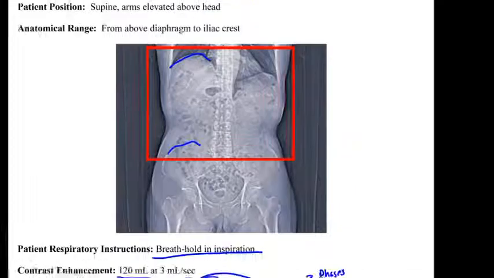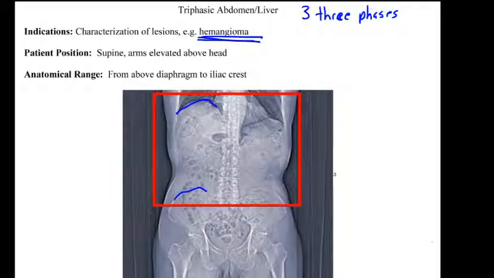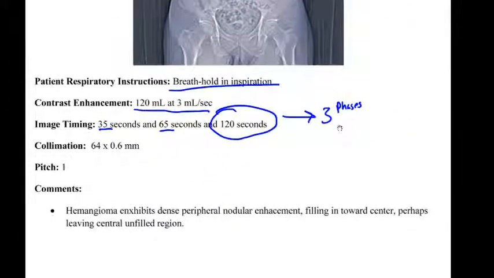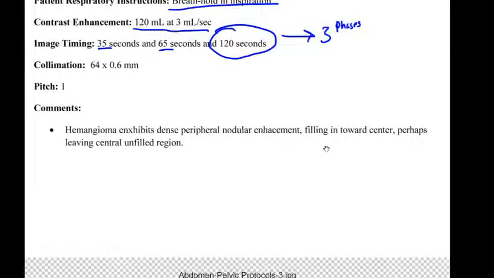And then you're going to have three scans here. Collimation is virtually the same. 64 slices at 0.6 millimeters in thickness. Pitch once again is 1. So virtually everything is the same as the biphasic, with the exception of an additional third scan.